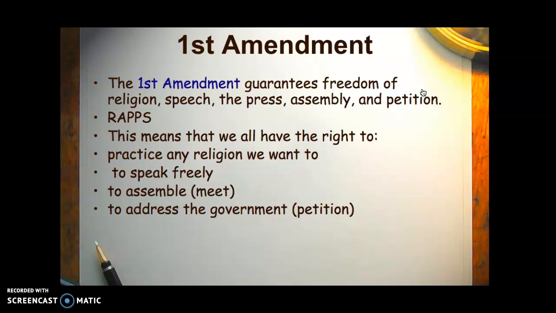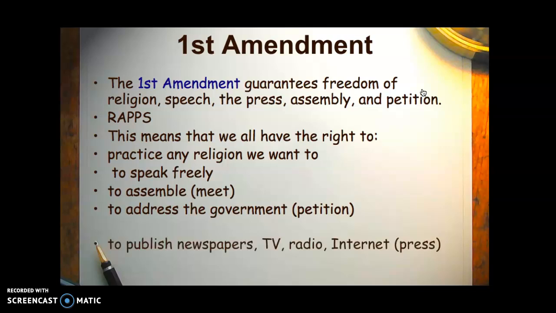They can put it up for a vote, and if the people decide, yeah, this is a bad law, it can be removed. So we do have the right to petition to address government about things that we disagree with.